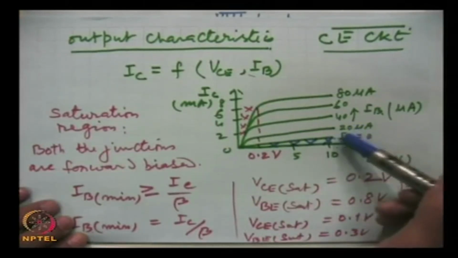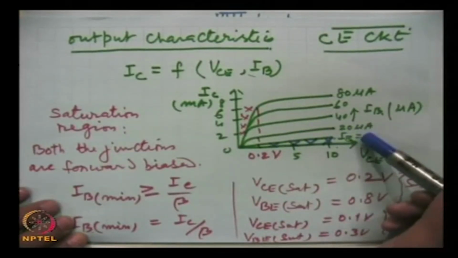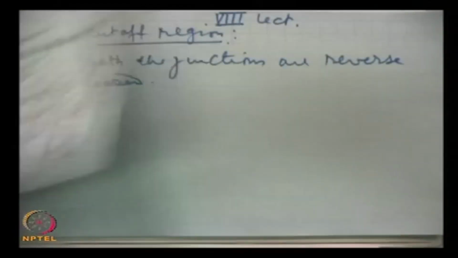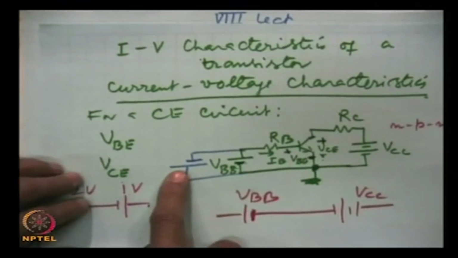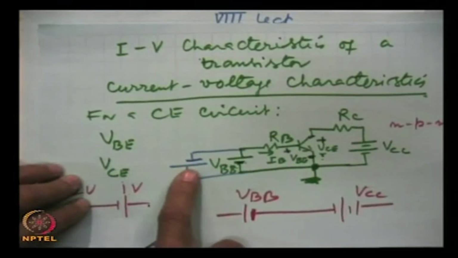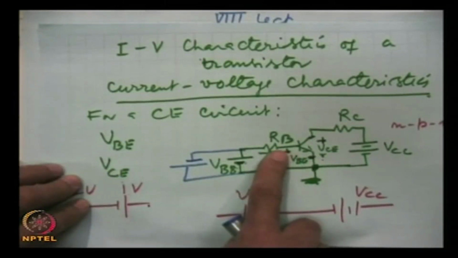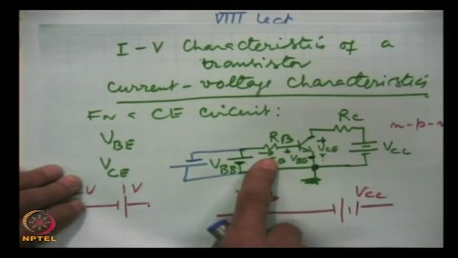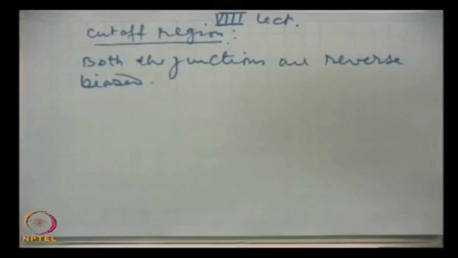To go below IB equal to 0, that means in the other direction, we will have to change the polarity of this as shown here. This makes the p type base connected to the negative terminal of the battery, so even the input junction is reverse biased.